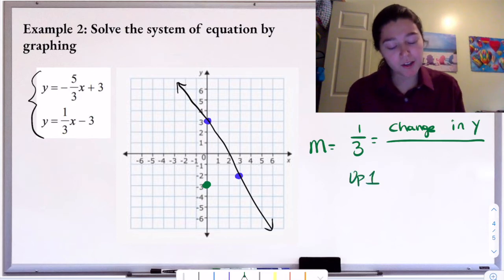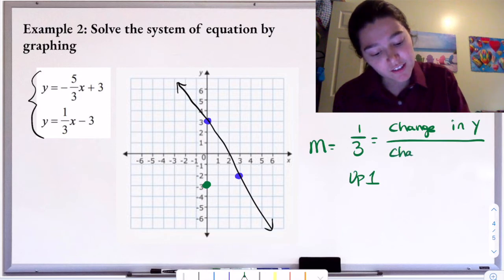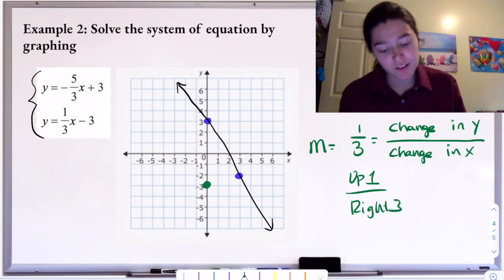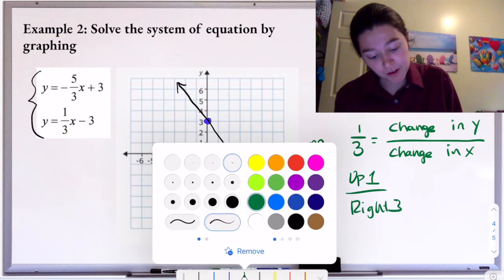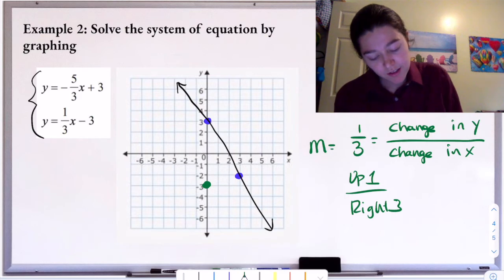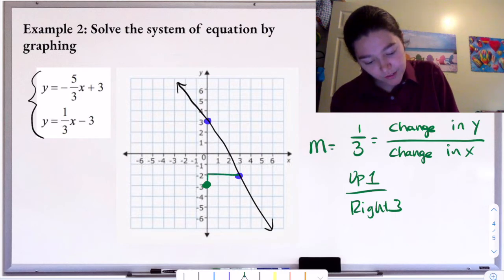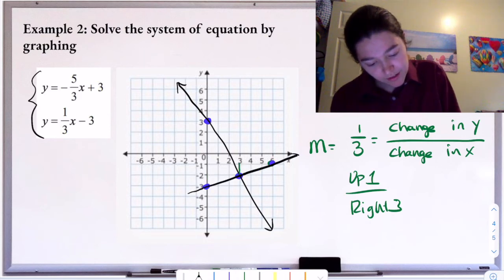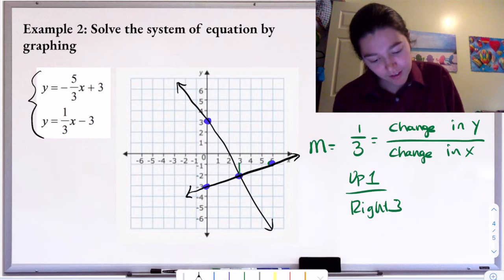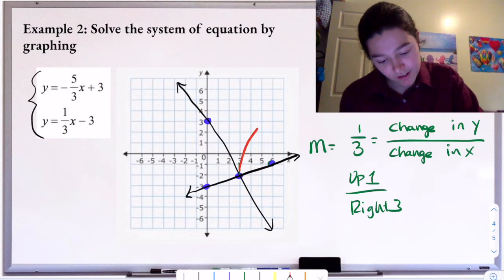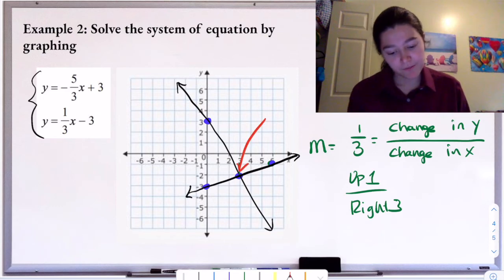So I'm going up 1, and then my change in x is positive 3, so that means I'm going right 3. Okay, so from here, up 1, right 3. I can do it again, up 1, right 3. So I have my second line I can draw, and they intersect right here at that point.